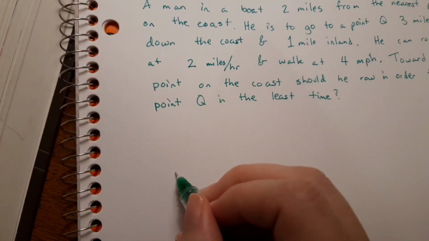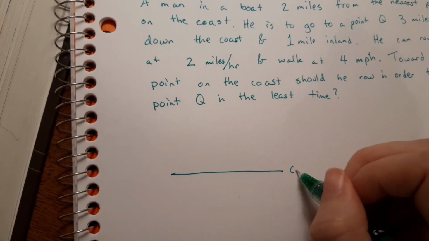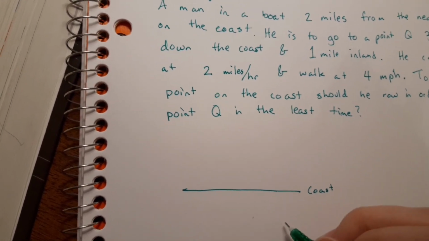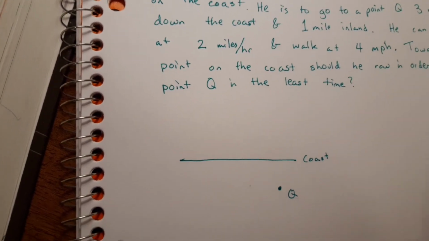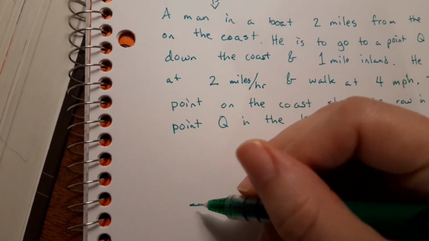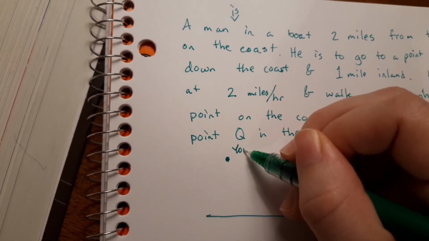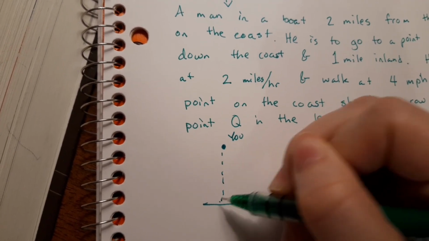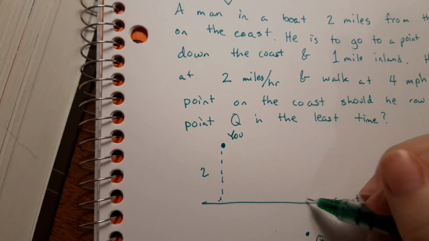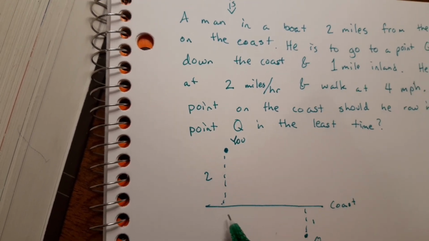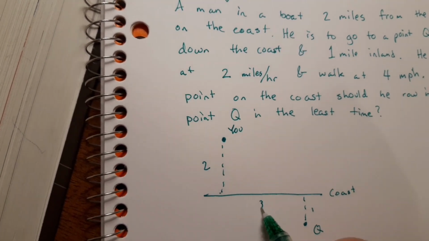So let's do this picture. Here's our coast, and here is our point Q. It is 1 mile inland, and then 3 miles this way. This is 2 miles, this is 1, and this whole distance is 3.